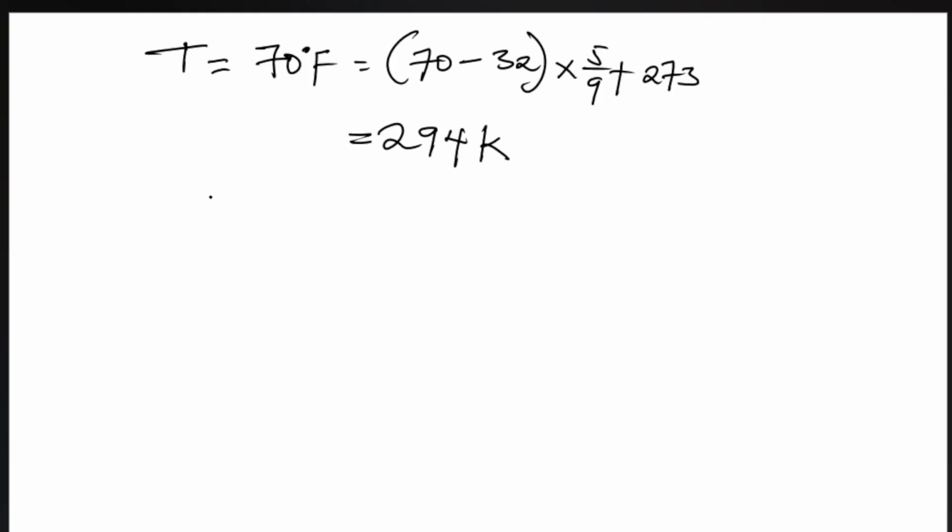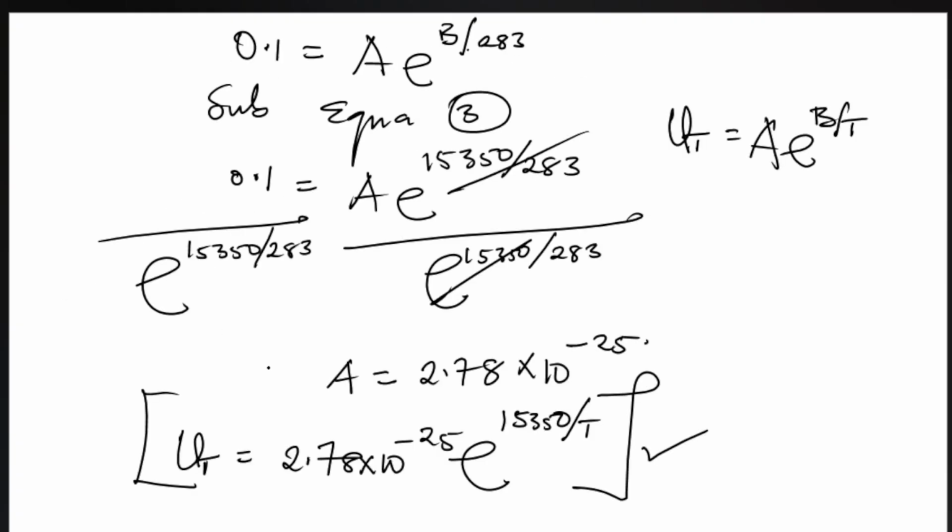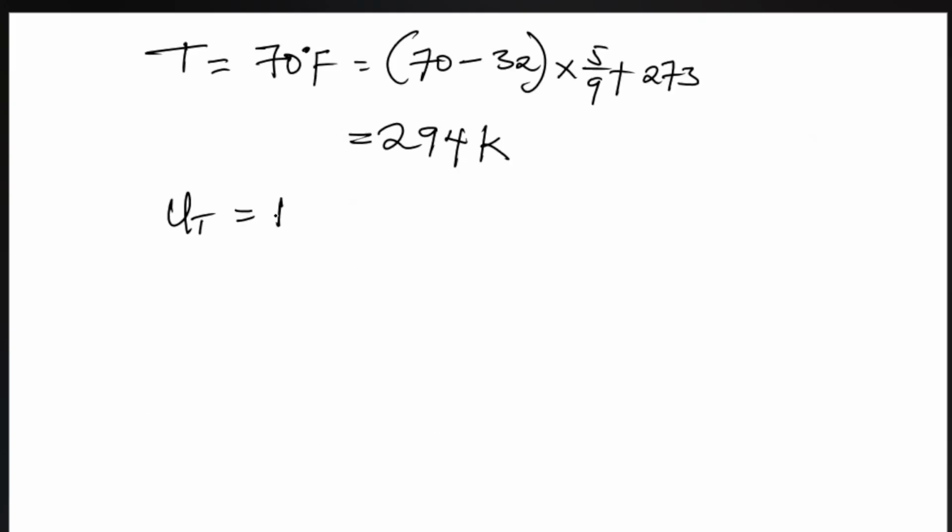Now if we are to substitute, remember our given equation is Ut equal to 2.78 times 10 raised to the power of minus 25, exponential raised to the power of 15350 divided by, remember in this case you don't have time, you've already calculated your temperature to be 294.